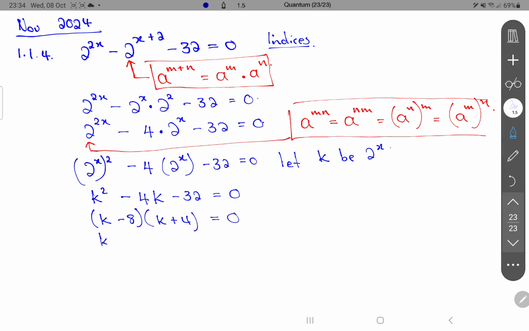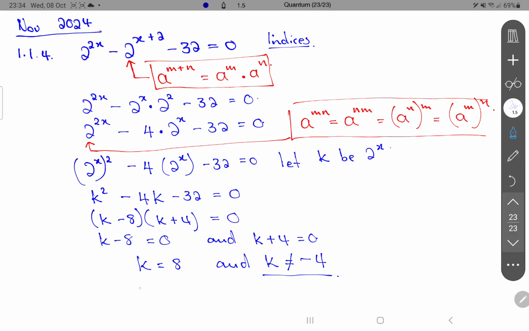Now, k minus 8 is equal to 0 and k plus 4 is equal to 0. So k is equal to 8 and k is not equal to negative 4. We don't want negative numbers because you are going to power. Powers are talking about logarithms.